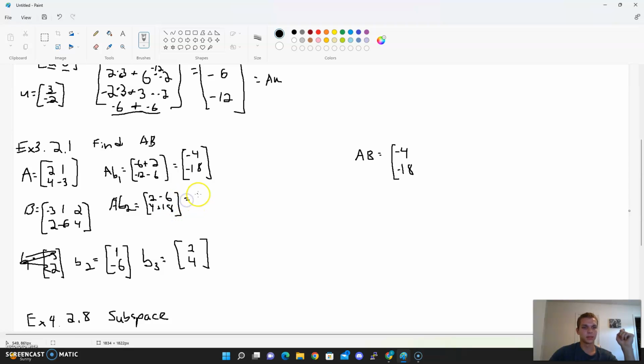So that equals 2 minus 6 is minus 4, and then 4 plus 18 is 22. So A times B2 is minus 4, 22. So go ahead and fill that in over here for our second column of AB. So be minus 4 and 22.